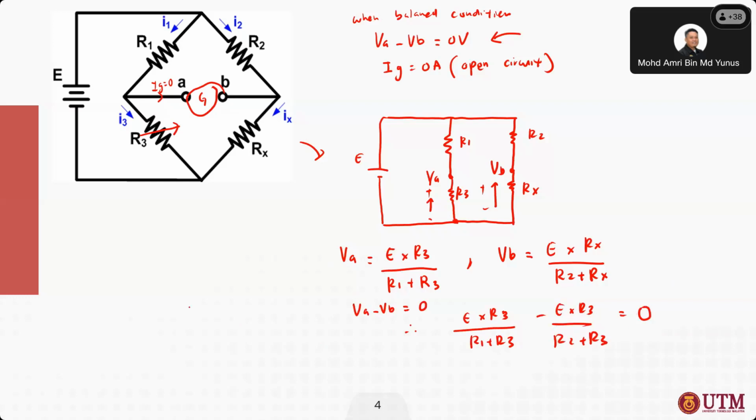If we work it out on the left hand side, E multiplied by R3 over R1 plus R3 is equivalent to E multiplied by Rx over R2 plus Rx.